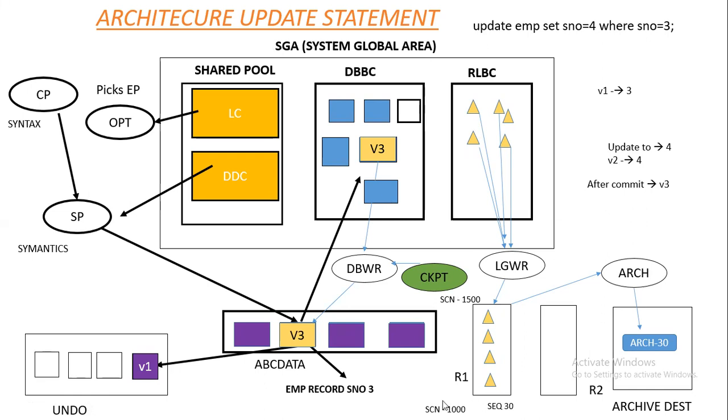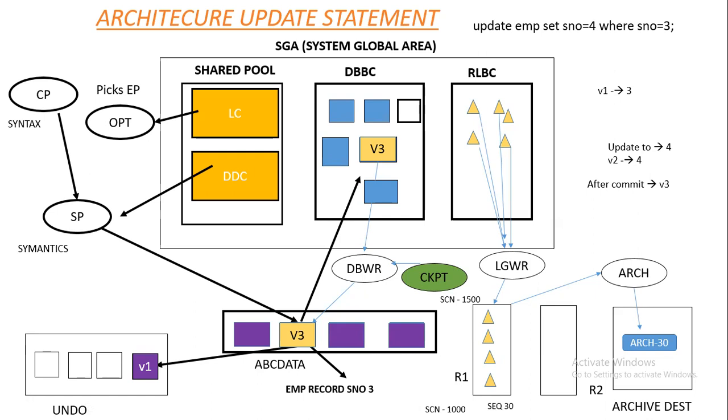So SCN value 1000 is where it started, right? Log writer started writing from SCN 1000 and stopped writing at SCN 1500, right? This value we can call the checkpoint value, the checkpoint stop value. Suppose we are using a stopwatch. Whenever we play games, we use the stopwatch.